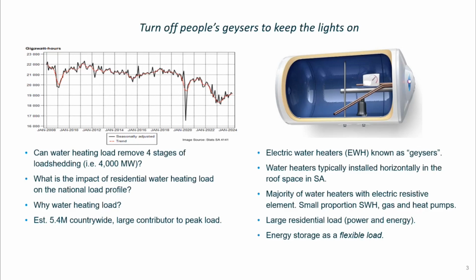That really warranted a model that could describe or characterize the loading on the horizontally oriented geyser, which I'll talk to in a moment. The majority of the geysers are resistive, as I had mentioned, and we've got a very small portion of solar water heaters, gas, and heat pumps, possibly growing, but in general, it's a very small portion.